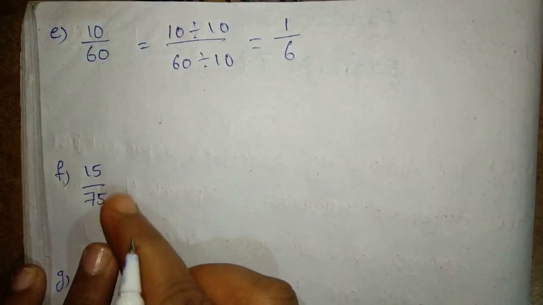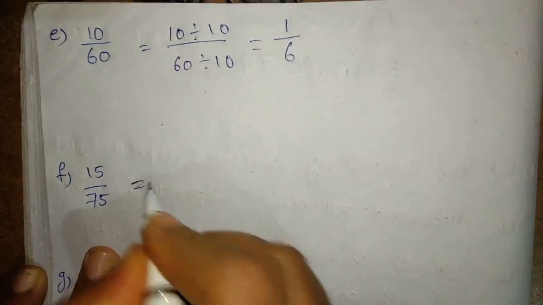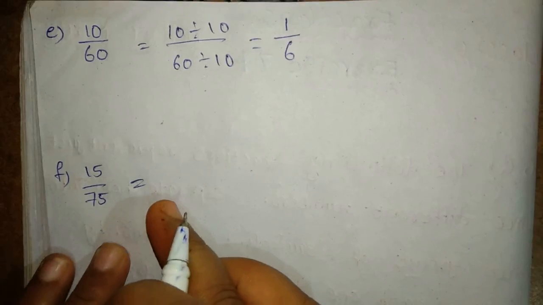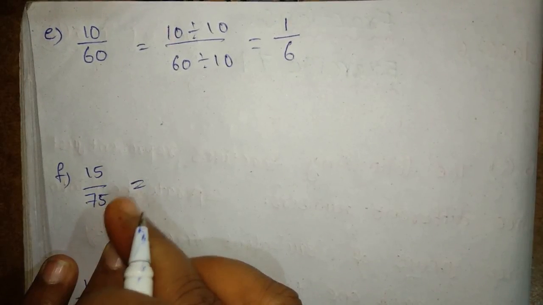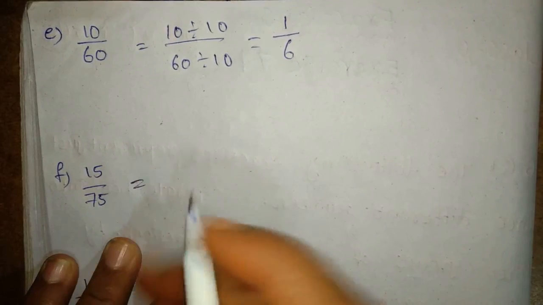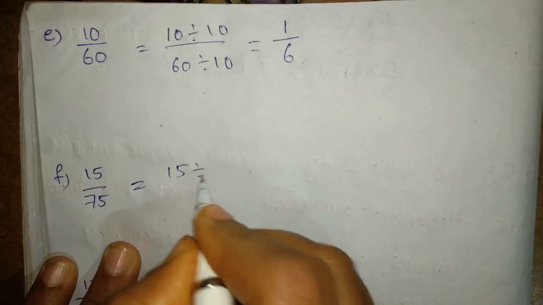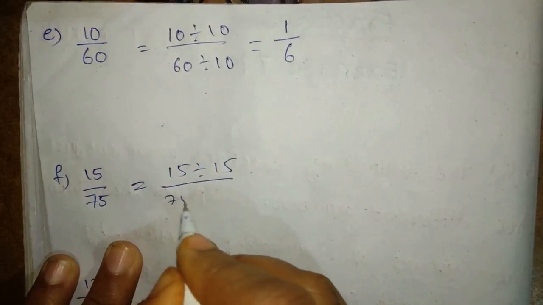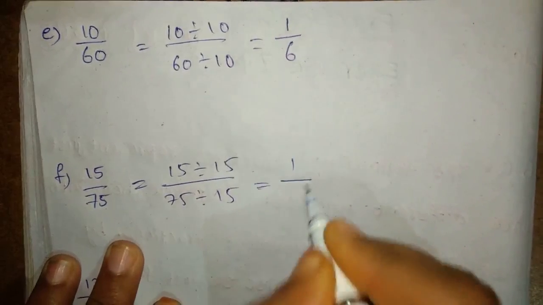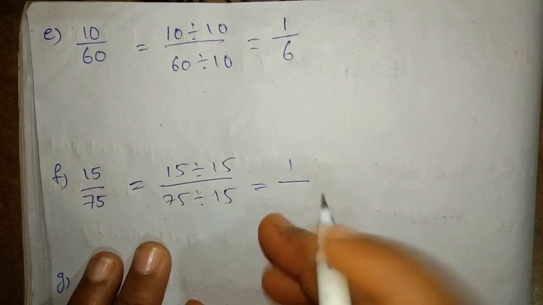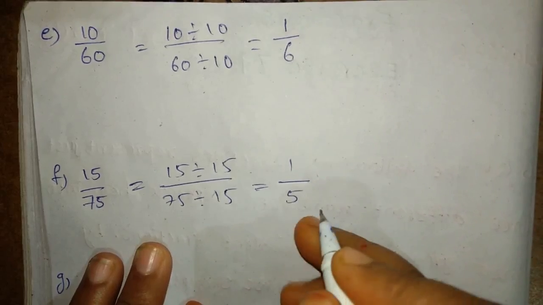Okay. Next, 15 by 75. In this, we divide both numerator and denominator by 15. 15 by 15 we get 1, 75 by 15 is equal to 5.